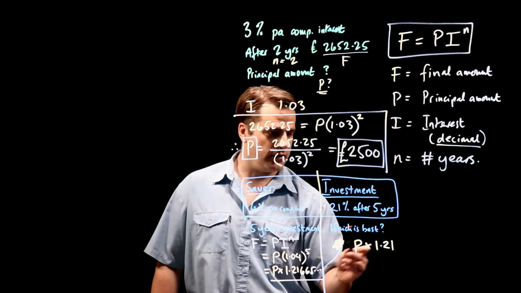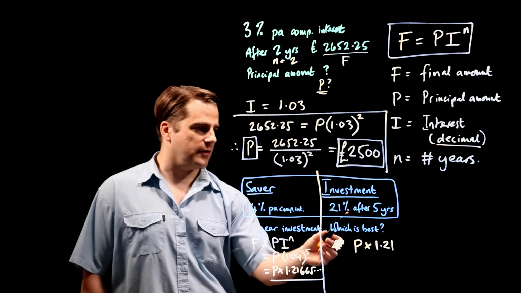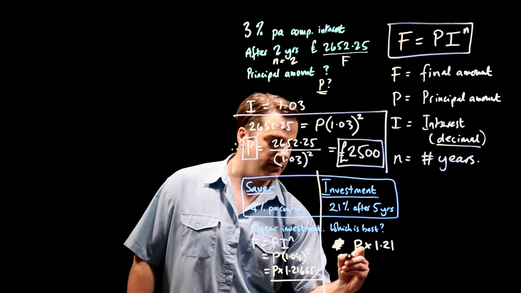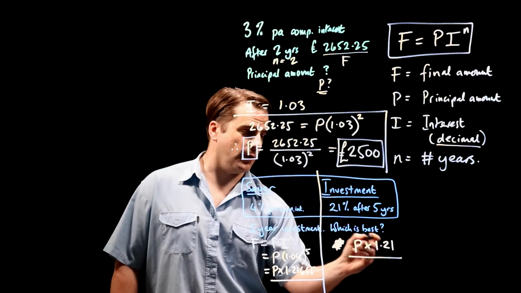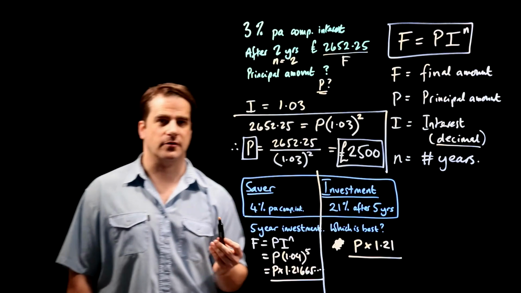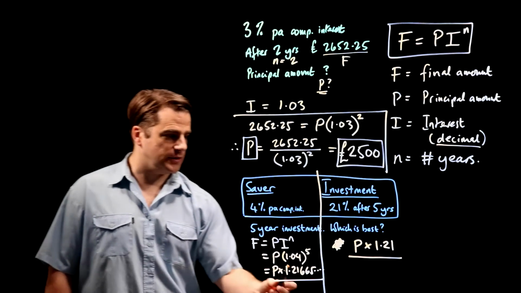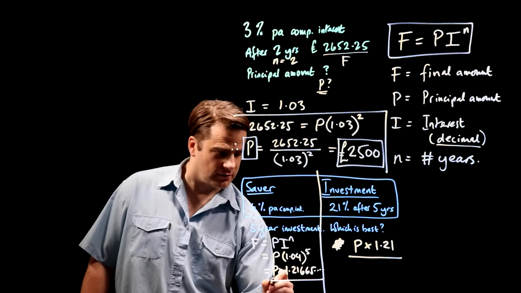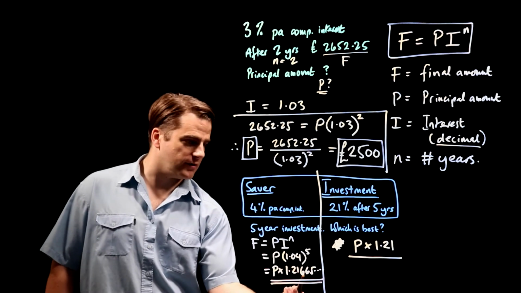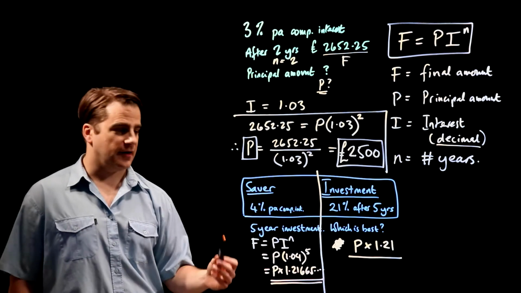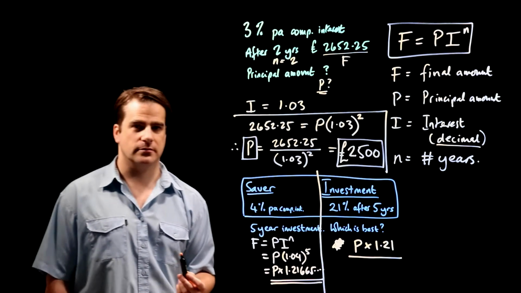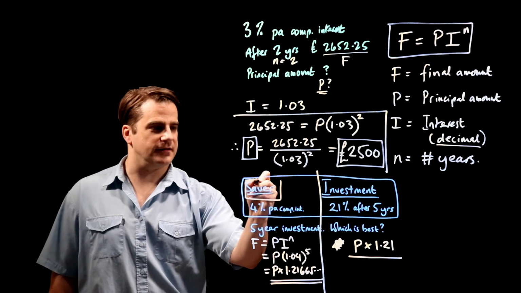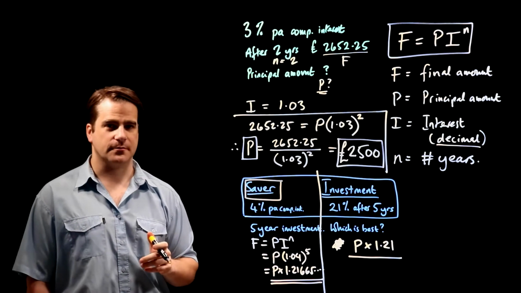So the amount you get paid after 5 years is just simply that. It's 1.21 times the principal amount. So which of these two is bigger? Well, it's this one, because 1.21665, whatever, is slightly bigger than 1.21. So the saver is the better choice.